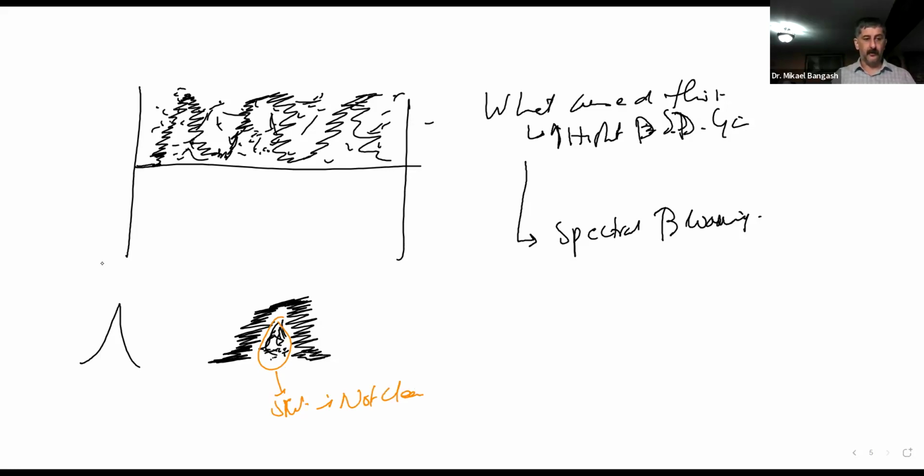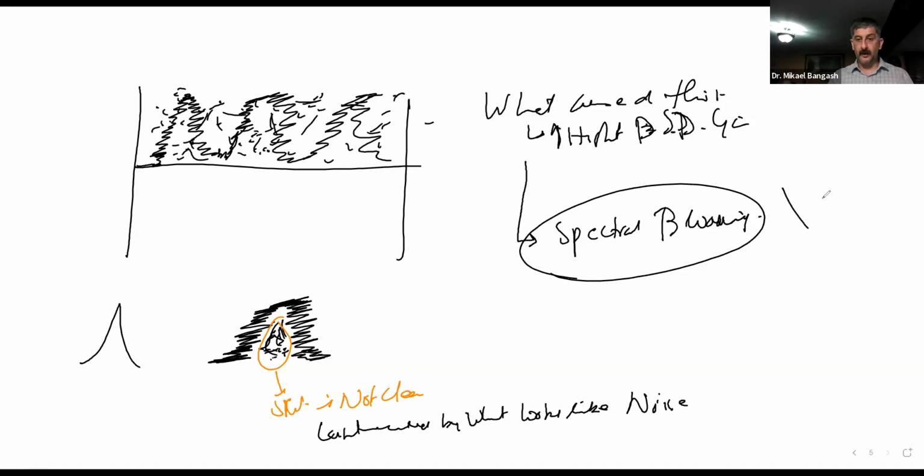But you can say rather here, it is contaminated by what looks like noise. And you may choose this as an answer. That is wrong.